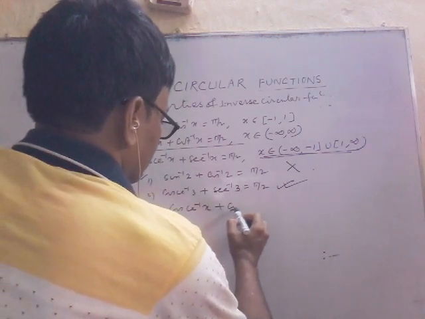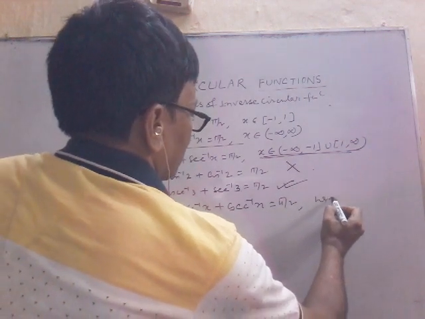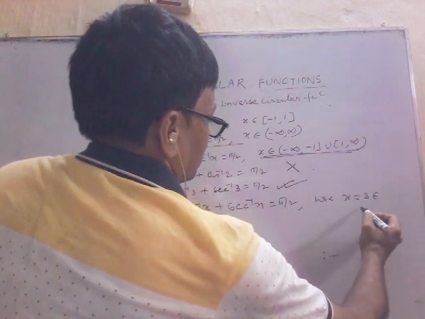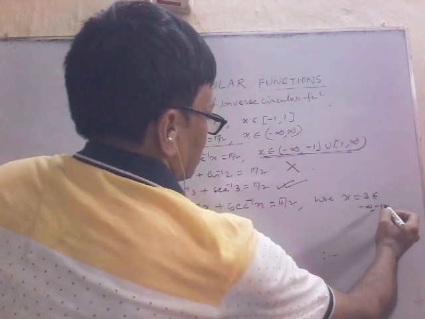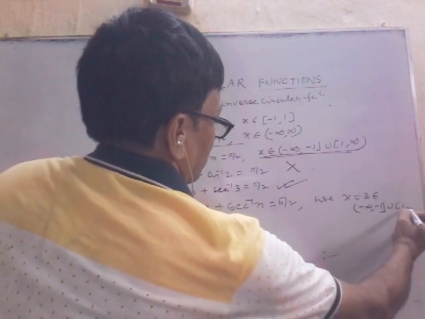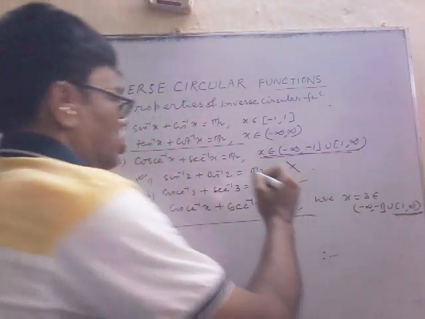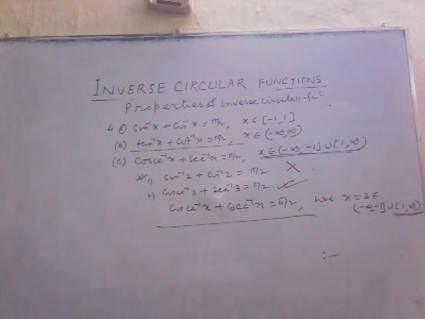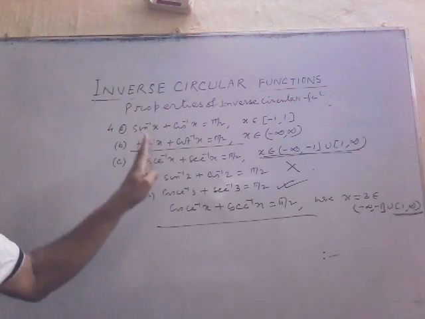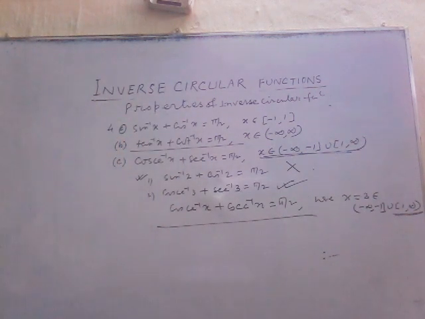Cos inverse x plus sec inverse x equals pi by 2. Here x equals 3 belongs to 1 comma infinity. So look, if the arguments are the same, it is not necessarily pi by 2. You look whether the restrictions are true or not.